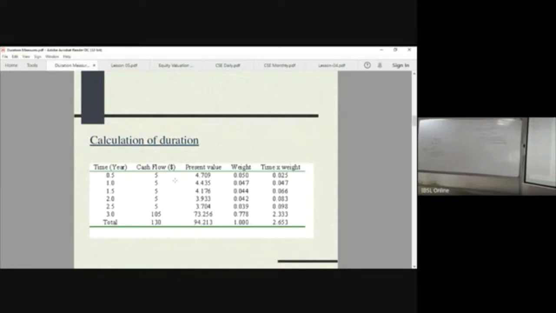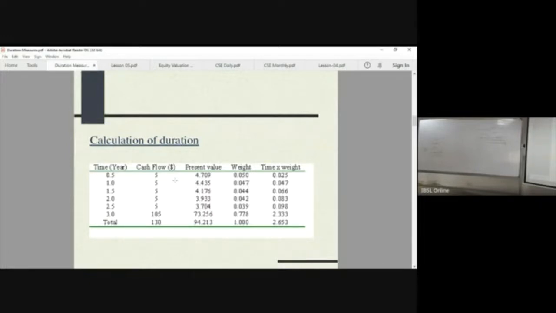Right. Now, since you have already done these present values, there you have the present value at time 0.5, 4.709; at 1, 4.435; at 1.5, 4.176; at 2, 3.933; at 2.5, 3.704; at 3, 73.256. Now what is the bond's price?